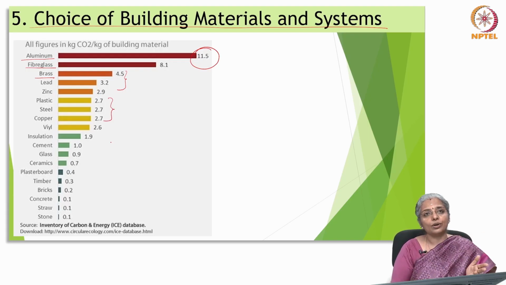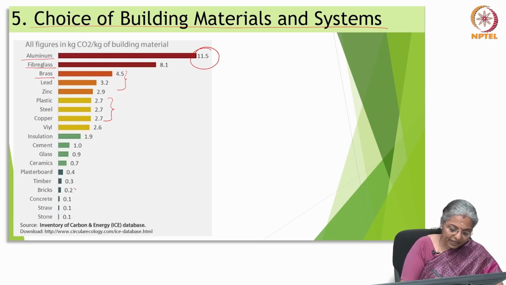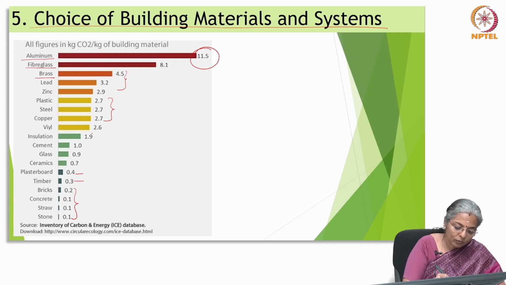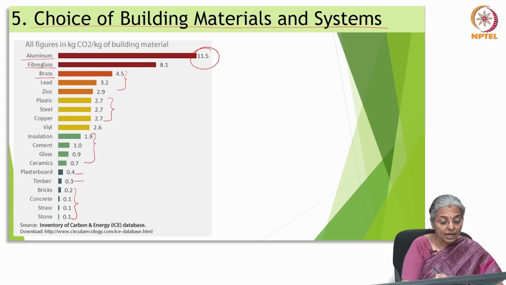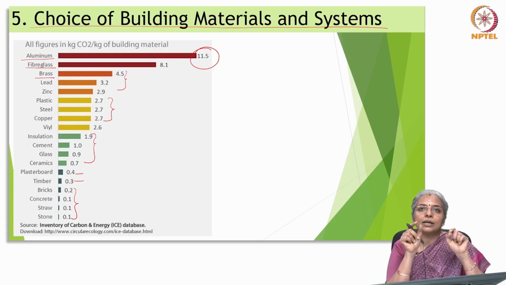But we also have very low embodied energy building materials such as brick, straw, stone, timber, and so on. And then you have the medium ones, which are insulation, cement, glass, ceramics. But you should not look at embodied energy only per unit.